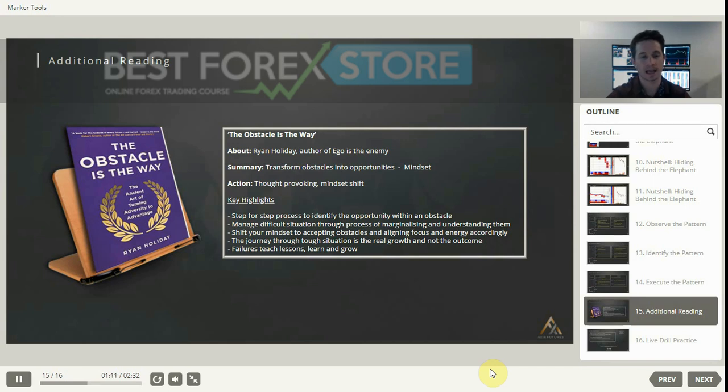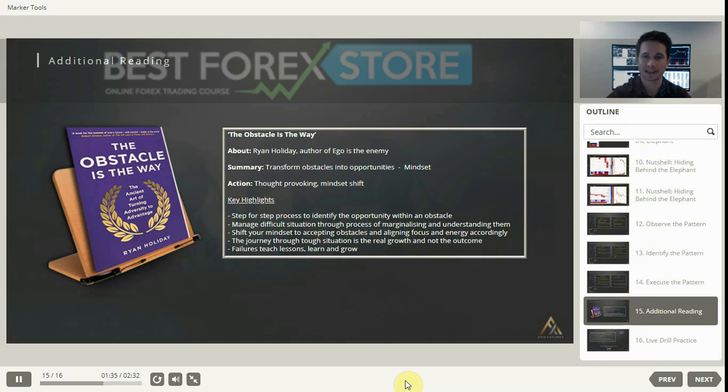Now, some of the key highlights. Again, another process like we saw in Ray Dalio, obviously a step-for-step process to identify the opportunity in an obstacle. Okay, and this is key because sometimes, we can't always see the potential opportunity until much later on. So, nice step-for-step process. Note, obviously, it's going to show you how to manage difficult situations through a process of marginalizing.